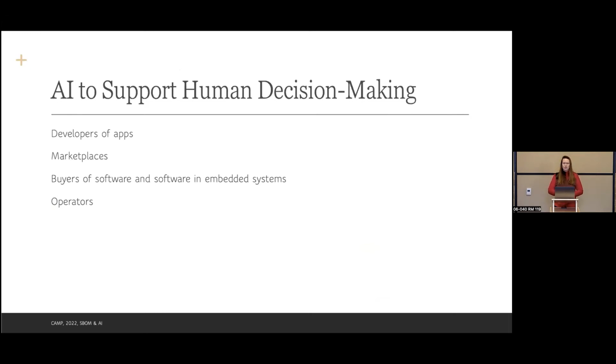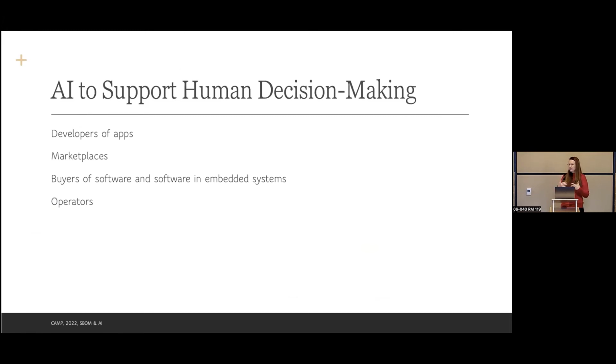So we are going to need AI to support human decision makers in all the steps in the development. And for developers of apps, they cannot be asked to generate and then read these. They need to be shown the changes, and they need to be shown the changes in a way that's readable and human-centered. And they can't be asked to identify all the dependencies that are not used.